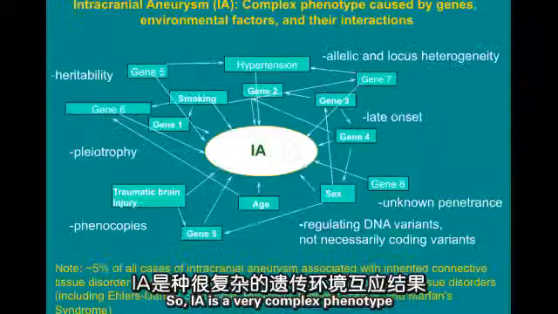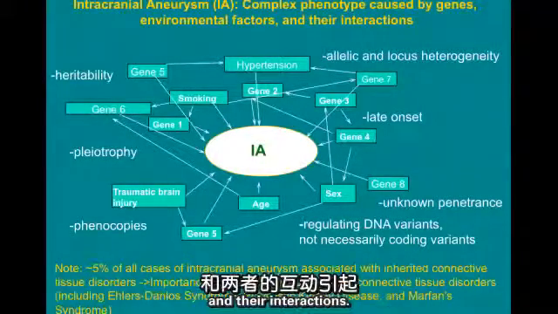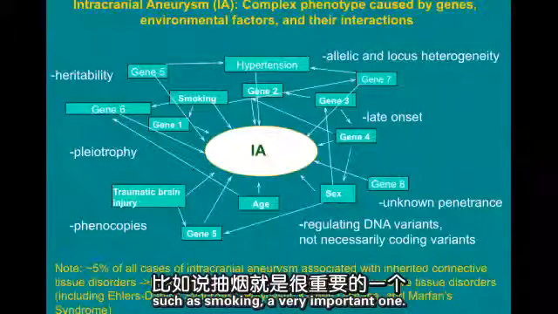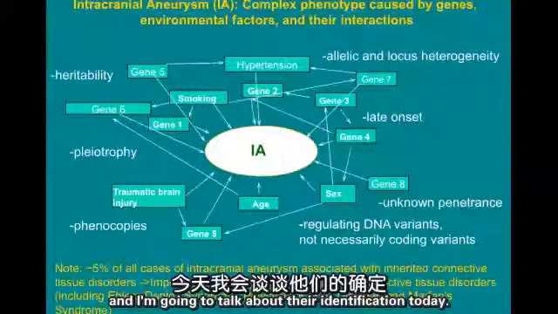IA is a very complex phenotype caused by genes, environmental factors, and their interactions. We know some of these environmental risk factors, such as smoking, a very important one. And we do know now some susceptibility loci. I'm going to talk about their identification today.